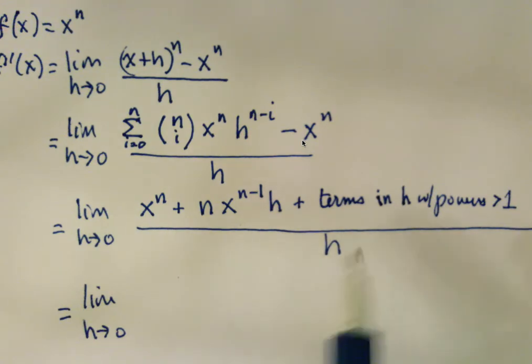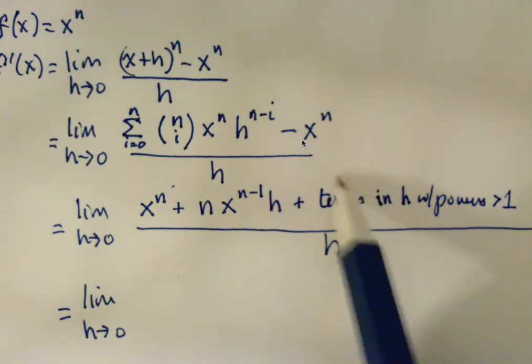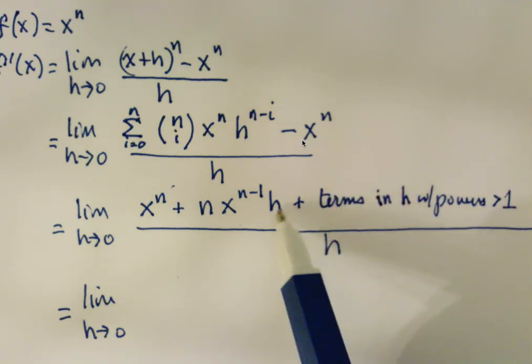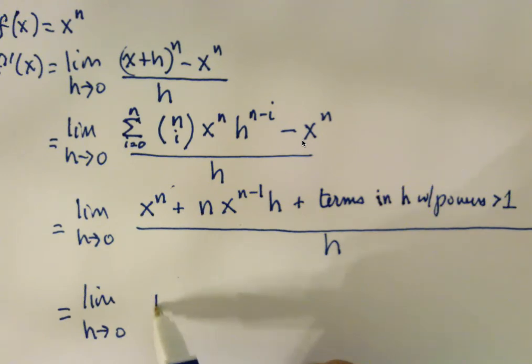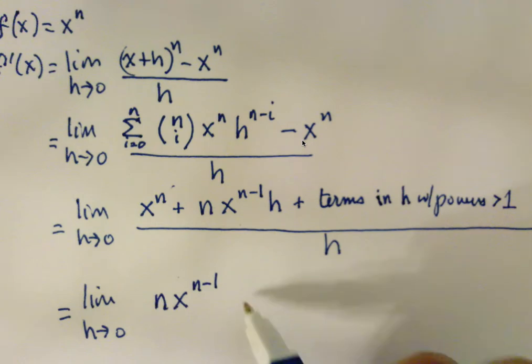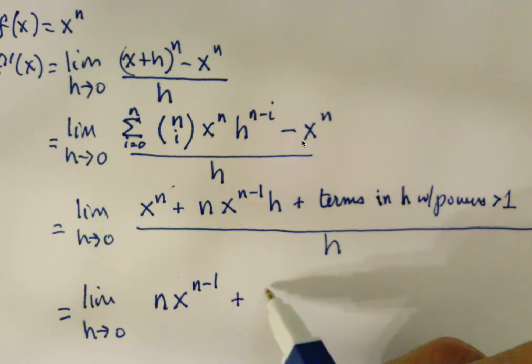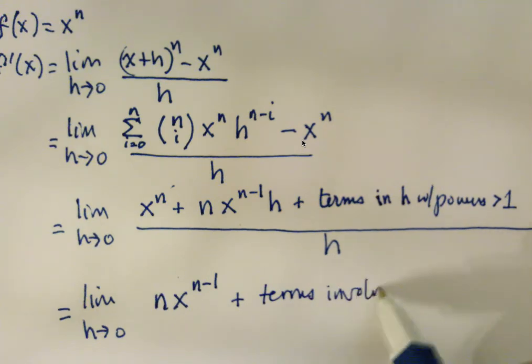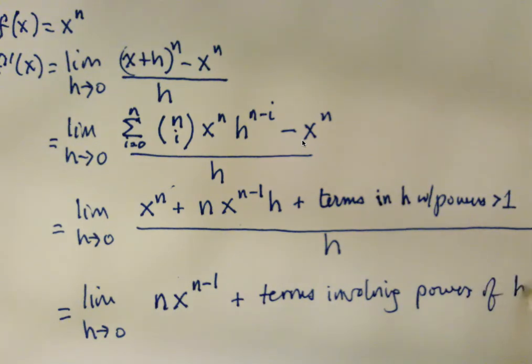Now what will happen is, first of all, the x to the n's cancel here, and when we divide all these terms by h, all of these will have powers of h greater than 0, and this will just be n x to the n minus 1, again plus terms involving powers of h.